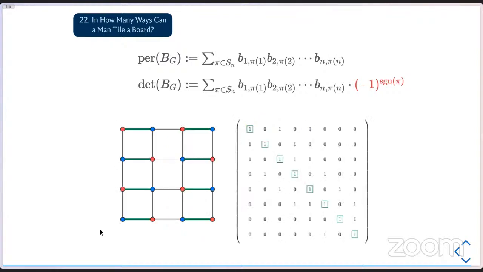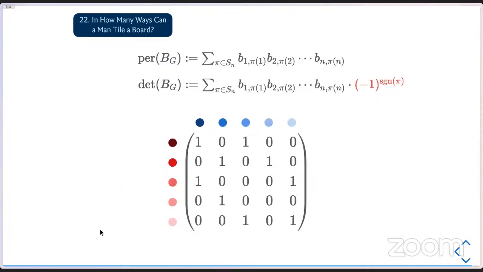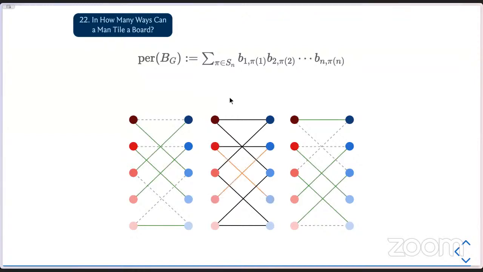And I don't know if I have it on the slides. No, I don't. Okay, the reason for that turns out to be that if you look at the 2 permutations which correspond to the 2 matchings that we just saw, maybe I just go back here, where I actually have them.